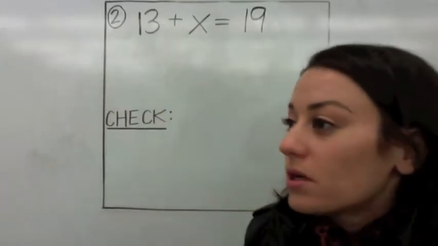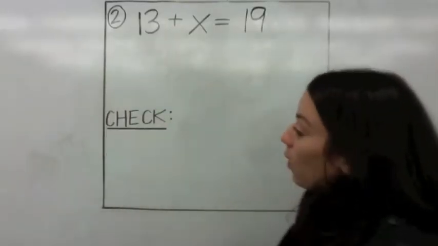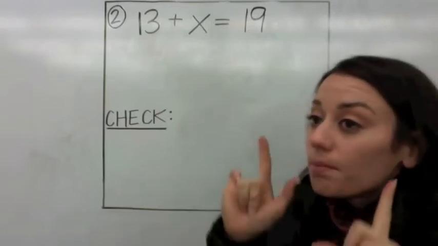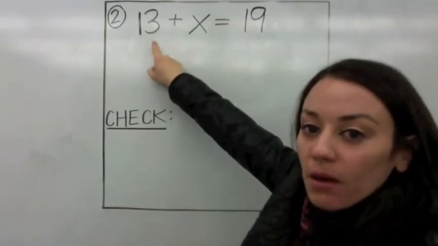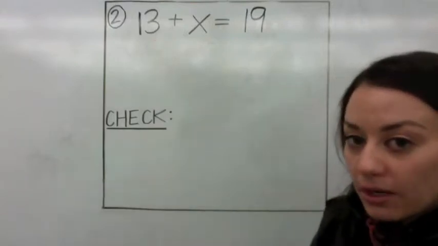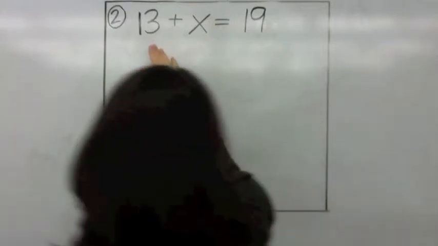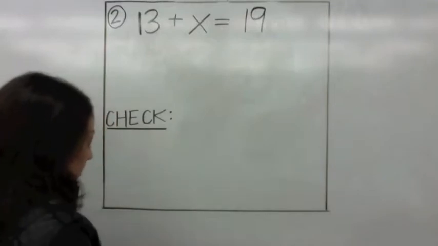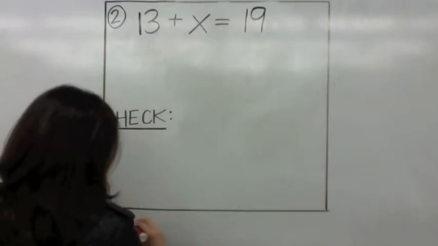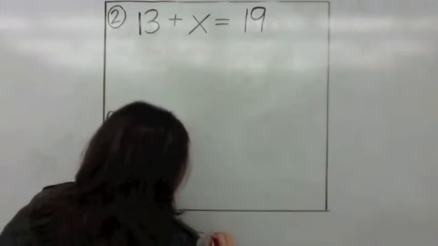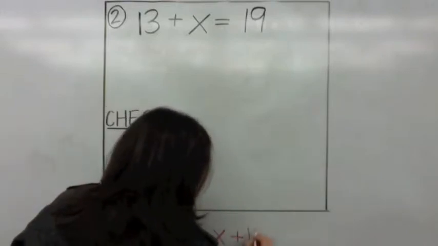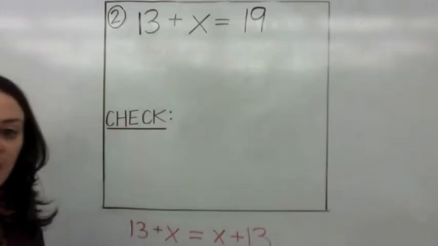Now I want to show you an equation that does not begin with x. I'm going to ask you a question really quick. If I say 13 plus x, is that the same as x plus 13? Are they the same?